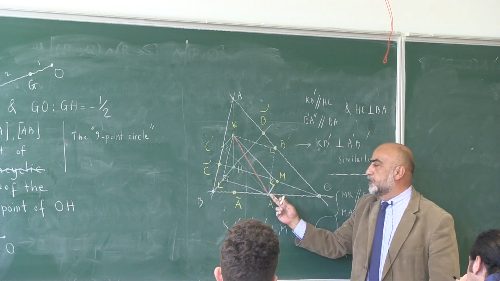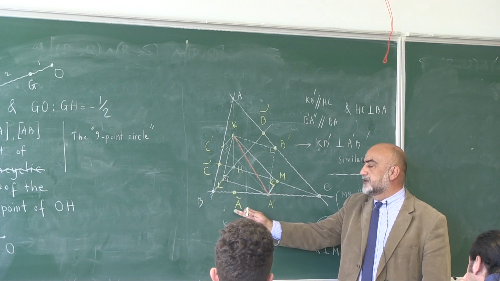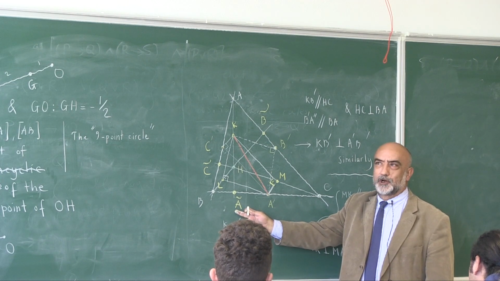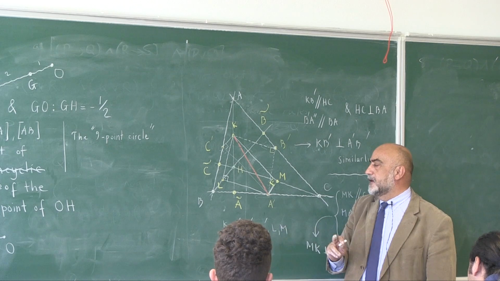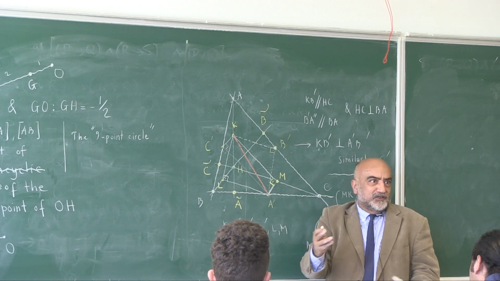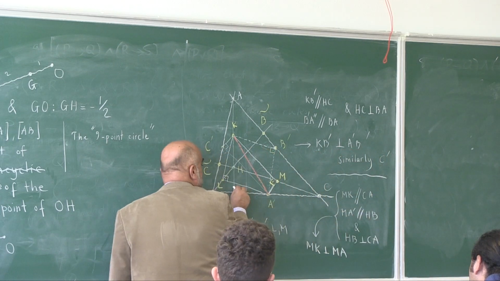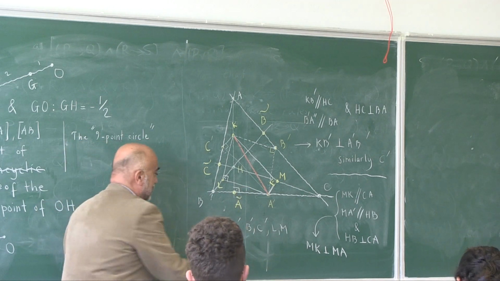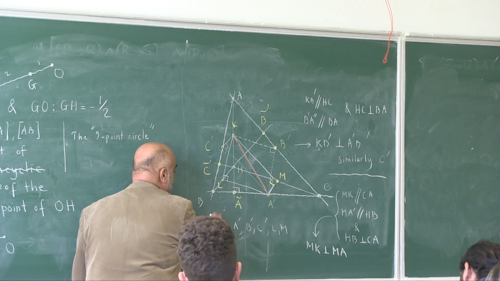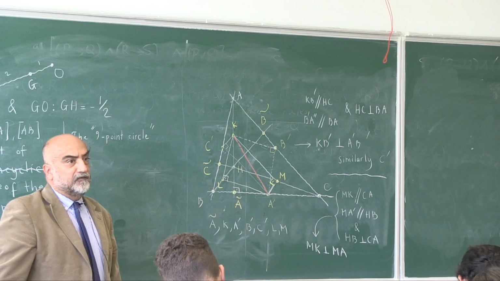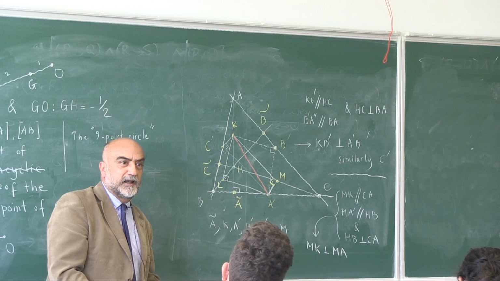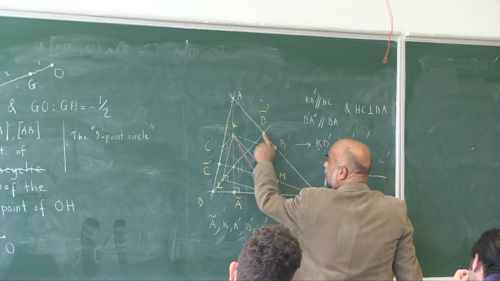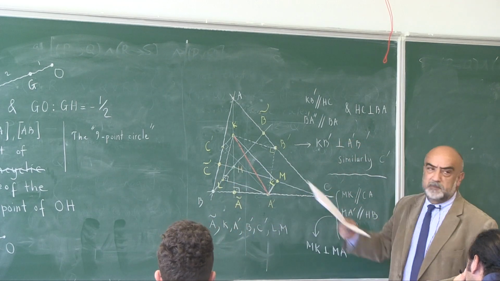So KA prime, we want it to be the diameter, and we want the foot of the altitude A tilde to lie on the circle which admits KA prime as its diameter. But that's trivial. This angle is 90 degrees, isn't it? So I have already taken care of A tilde. The only points that are left for me to take care of are the feet B tilde and C tilde. Let me do B tilde.